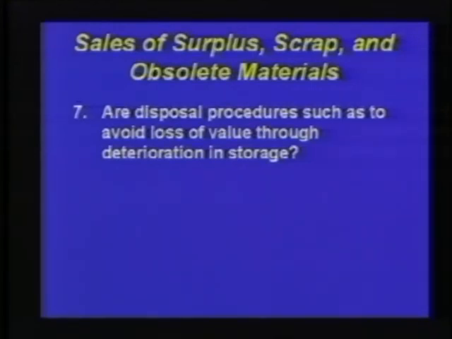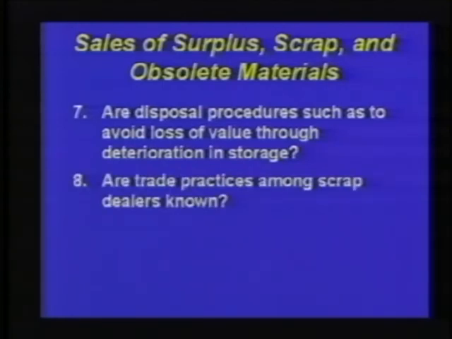In other words, if you have items that could possibly corrode, they could downgrade the scrap value, and therefore you're going to lose scrap income. 8 are trade practices among scrap dealers known. And there are different scrap dealer associations, and if you have enough of this type of material going out through the scrap and surplus process, you may want to find out about those associations and get on their mailing lists.